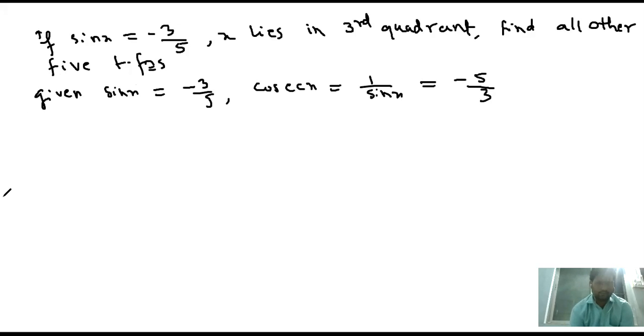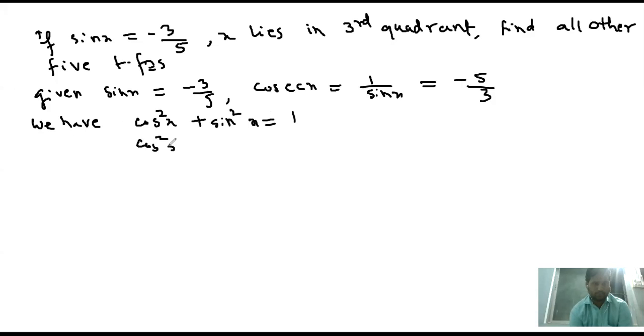So sin x is there, and we want to find cos x. We have the trigonometric identity cos square x plus sin square x is equal to 1. So cos square x plus minus 3 by 5, whole square, is equal to 1.